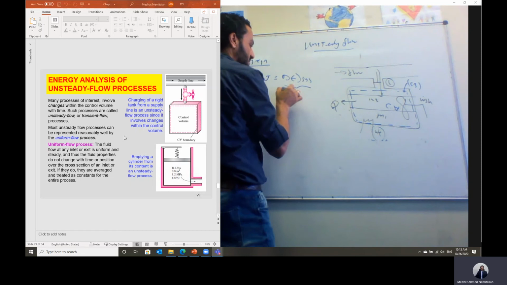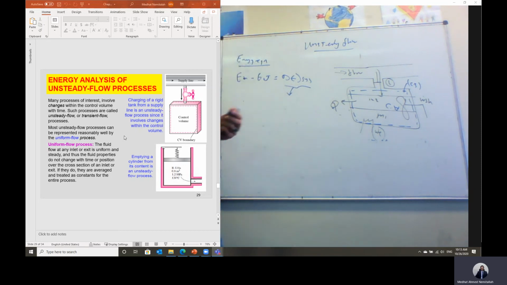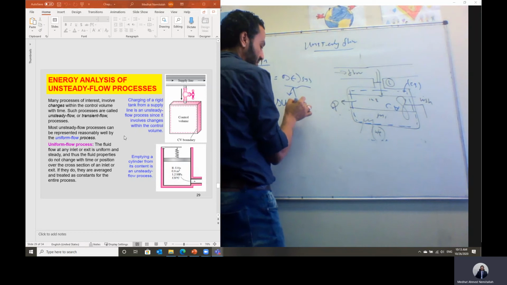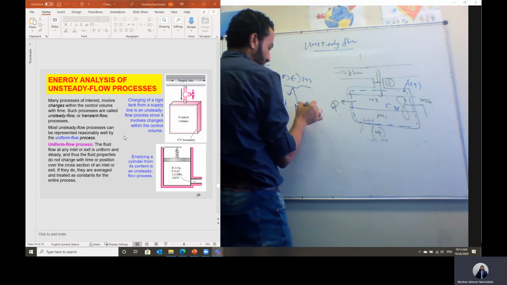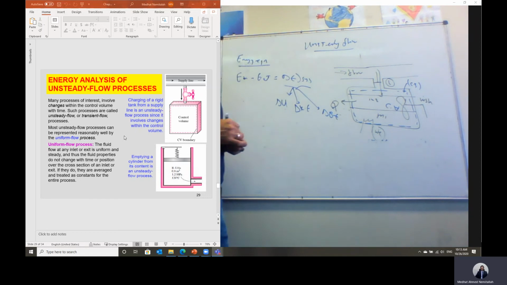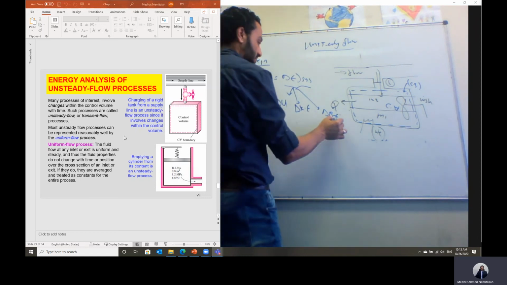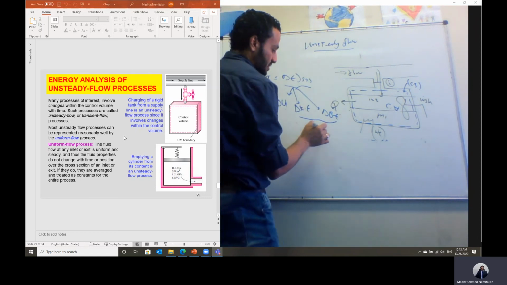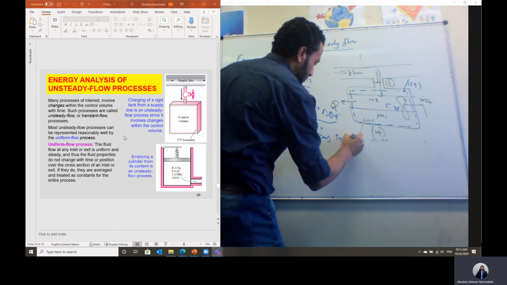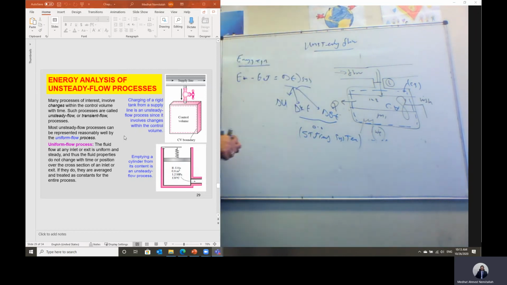If you recall the case of a closed system, the change of energy of the system equals the change of internal energy, the change in kinetic energy, and the change in potential energy. The change in kinetic and potential energy is equal to 0 when we have a stationary system. The system is not moving, which is the case of an unsteady flow system. So those terms most probably in all applications will be 0.